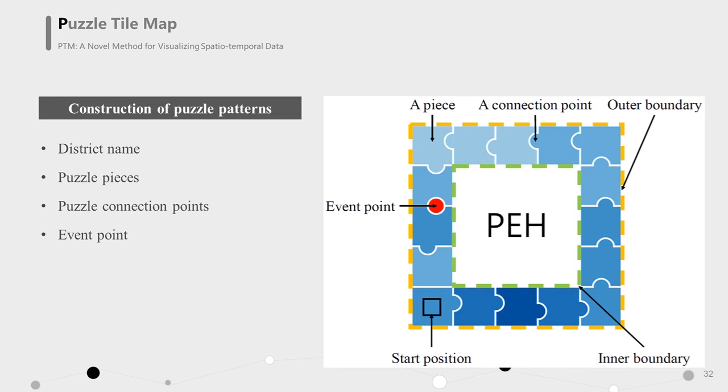In order to visualize time series data on the tile map, an aesthetic pattern, that is a puzzle, is adopted to represent time varying data. A puzzle pattern consists of 4 characteristics, including district name, puzzle pieces, puzzle connection point, and event point.